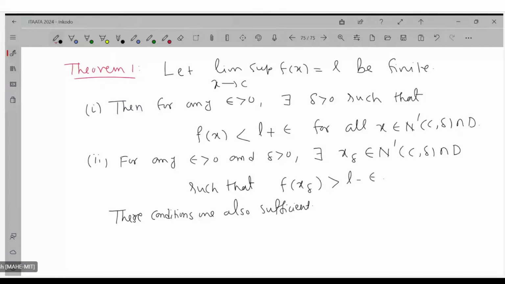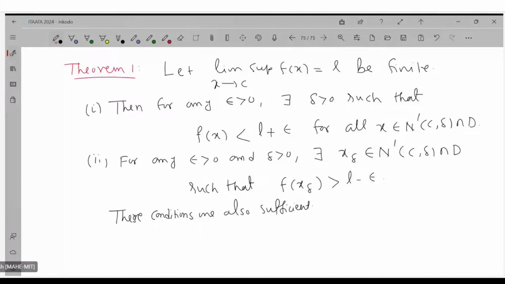Let's see. We're not going to prove that much, but you can see the meaning of it. Let's say the limit exists, lim sup of f(x) equals L. What is the meaning of that? How do we get the first and second conditions?